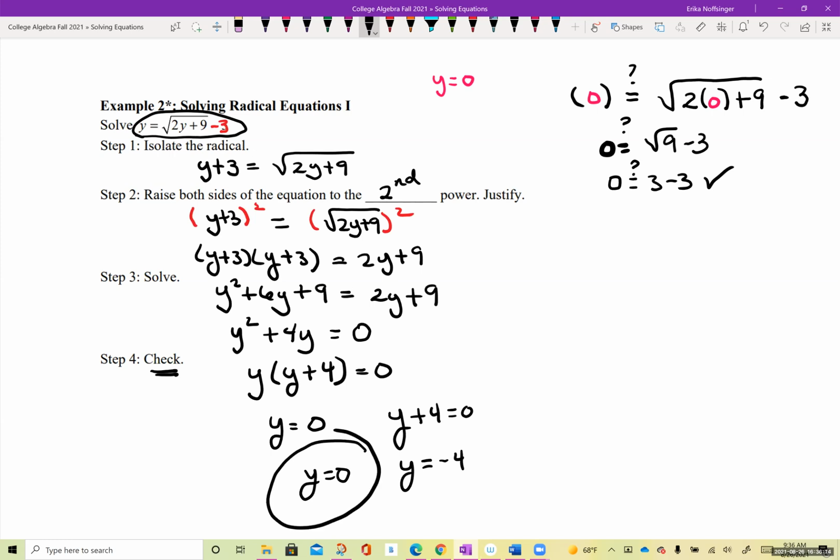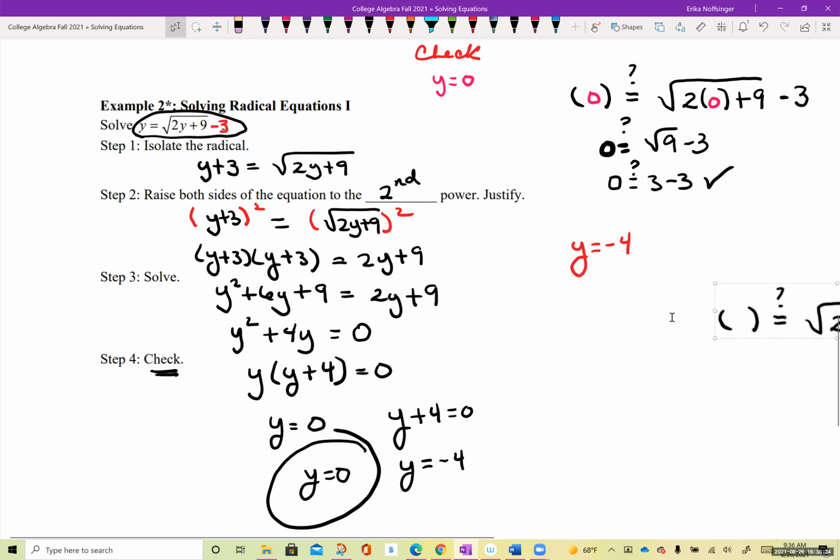And now let's look at y equals negative 4. So again, we want to go back to the original equation, and wherever we see a y, we're going to replace it with a parentheses and then put negative 4 in there. So we have parentheses, is this equal to the square root of 2 times parentheses plus 9 minus 3.